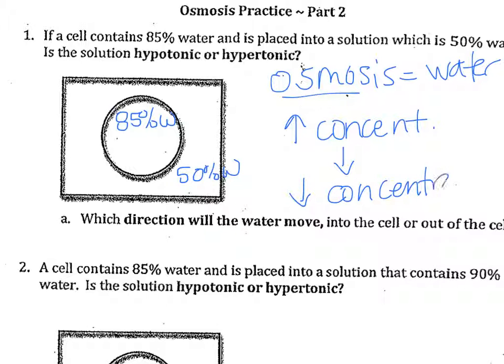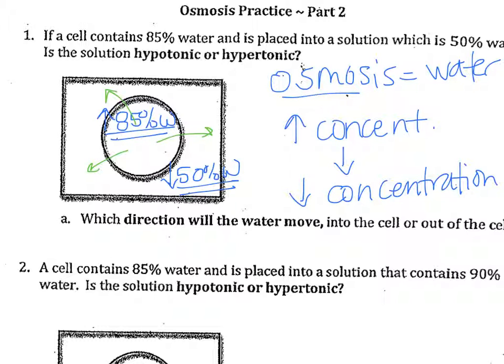So with this problem, I can already tell you where water is going to go, because I know that 85% is high, and I mark it with an up arrow, and 50% is lower than 85%. So immediately I know that water is going to go from an area of high concentration to an area of low concentration. Therefore, my water is going to leave my cell.